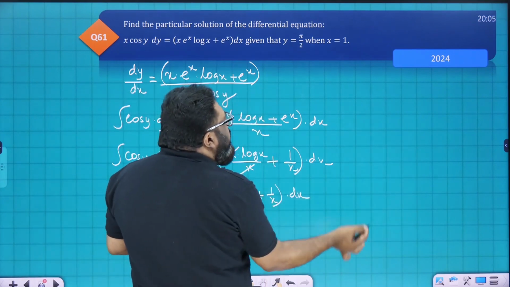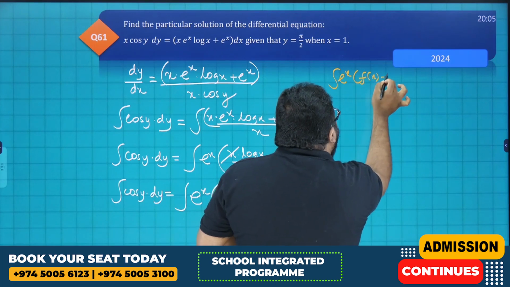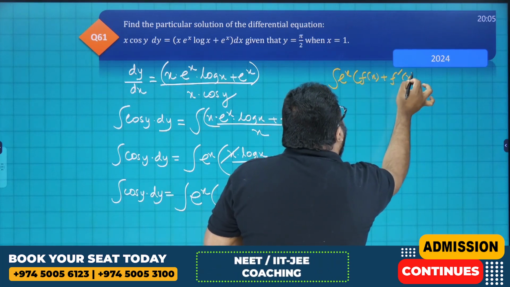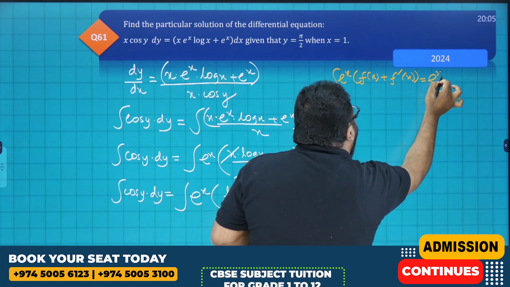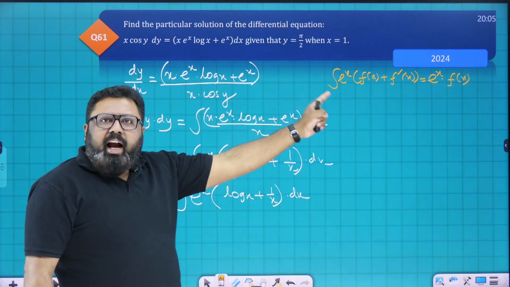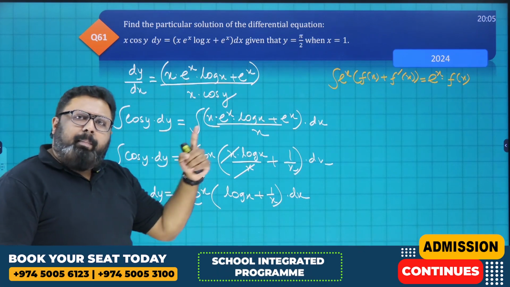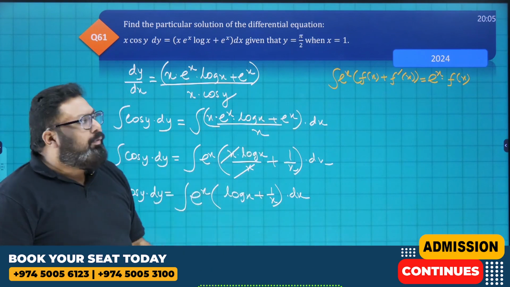I hope everybody remembers this property of integration. e raised to x into f of x plus f dash of x always results in e raised to x f of x. This is a direct property of indefinite integrals. It can be applied in any integration form.